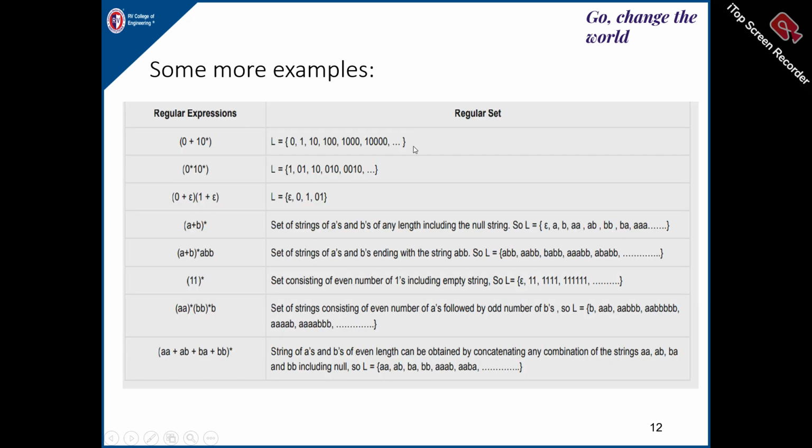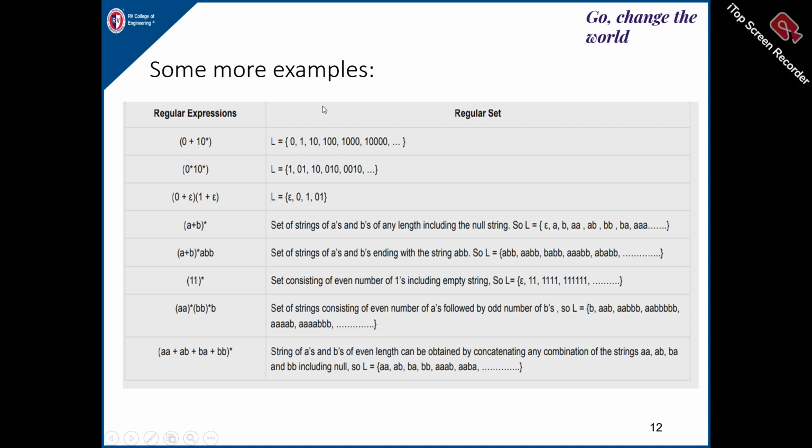These are some more examples which represent the regular expression as well as the language representation, or a regular set. Suppose the regular expression is (0 + 10) whole star. It means that my language contains 0, or 010110, 1010001000, any such things.